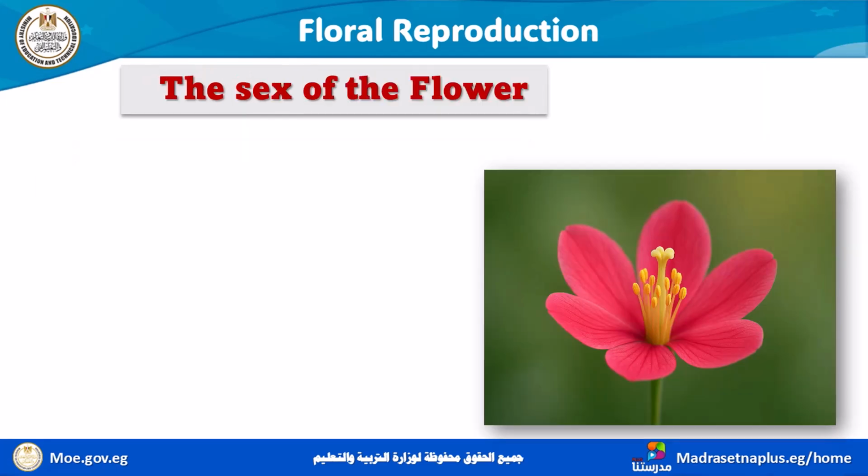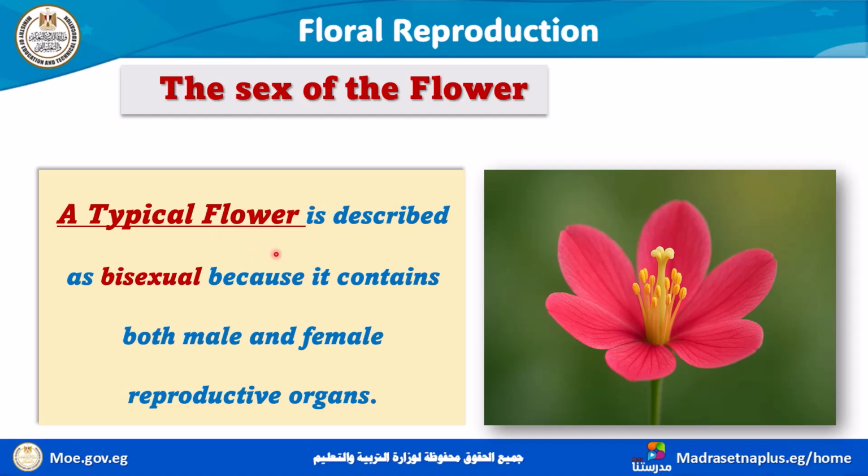Now let's learn about the sex of the flower. A typical flower is described as bisexual flower because it contains both male and female reproductive organs.